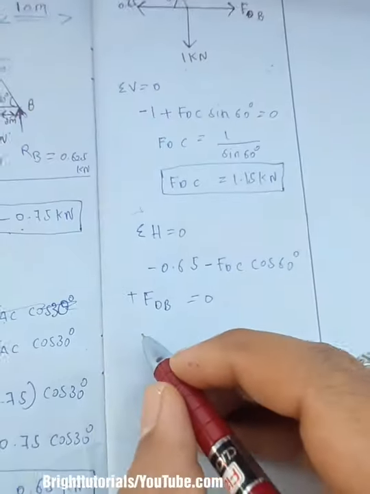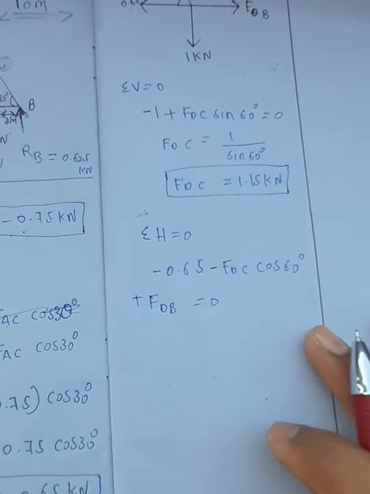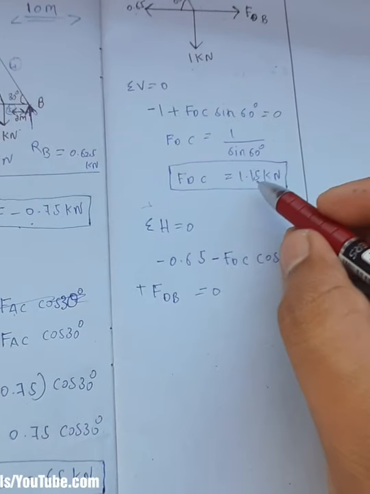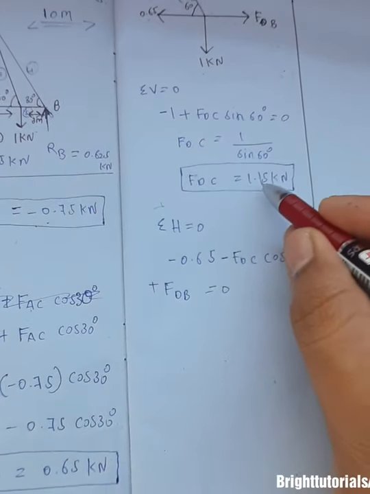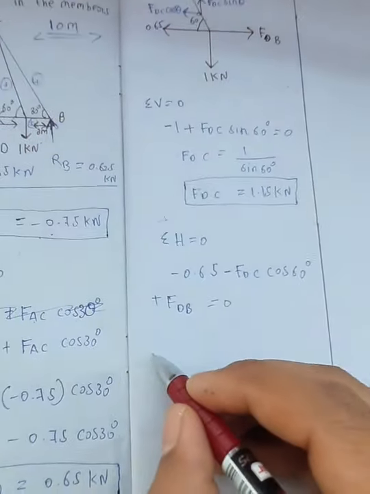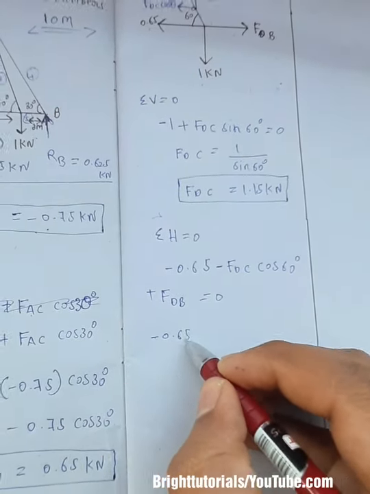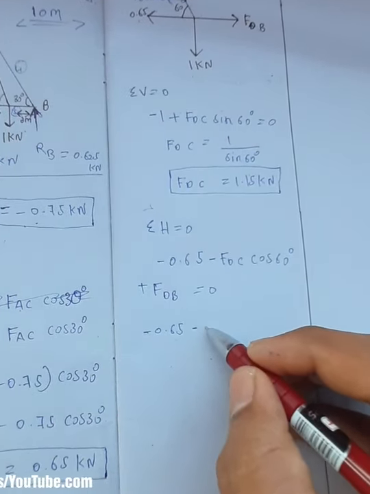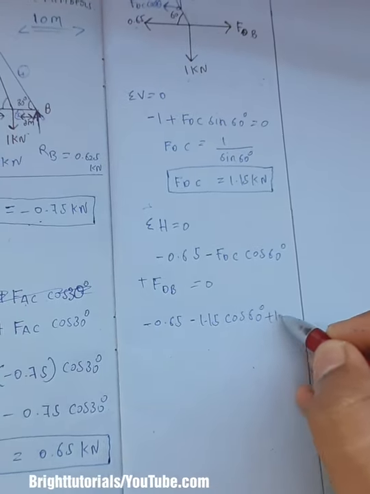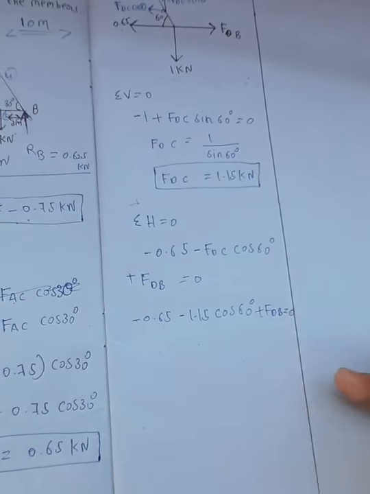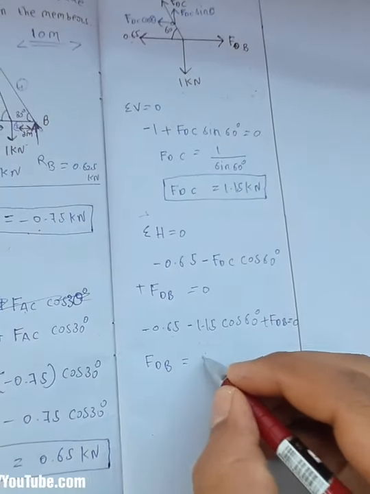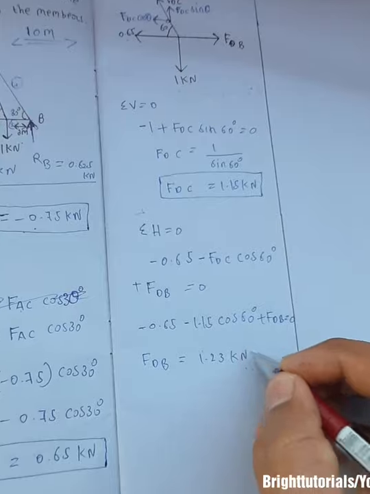So now by solving this, we have got the value of FDC 1.15. Substituting the value of FDC in the equation, we get minus 0.625 minus 1.15 cos 60 degrees plus FDB equals to 0. By solving this, we get the value of FDB equals to 1.23 kilonewton.